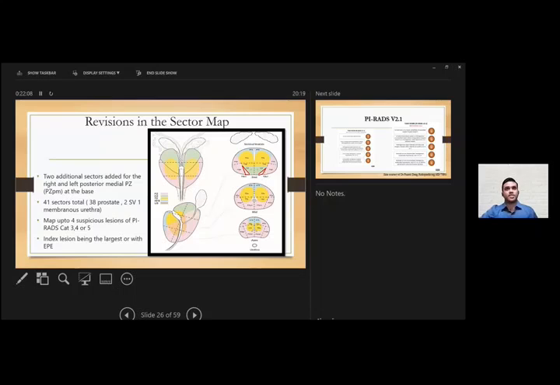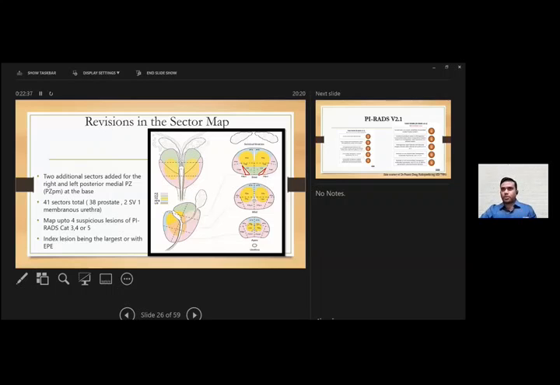Another revision is in the sectoral map. This seems to be a complicated diagram, and we usually don't try to mark exact areas. But what they have recommended is that it is easier to depict the lesions in such a sectoral map, so that it is easier for the clinician who then does a biopsy.